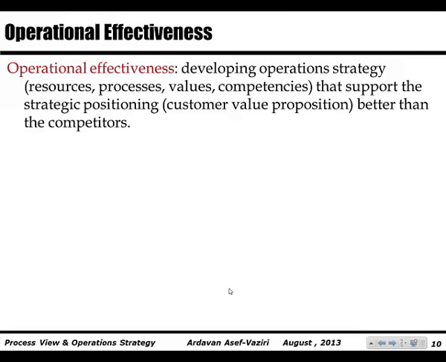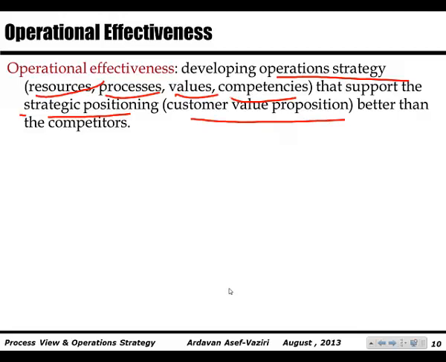So, how can we have operational effectiveness? We have operational effectiveness if our operational strategy in terms of resources, processes, value system, competencies support our strategic positioning in terms of customer value proposition better than all our competitors.